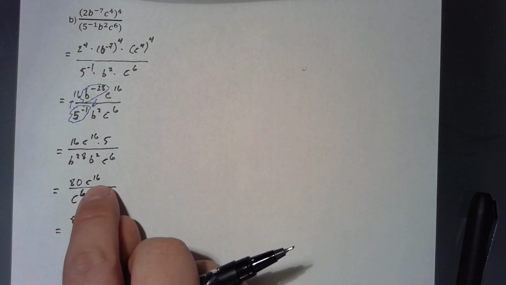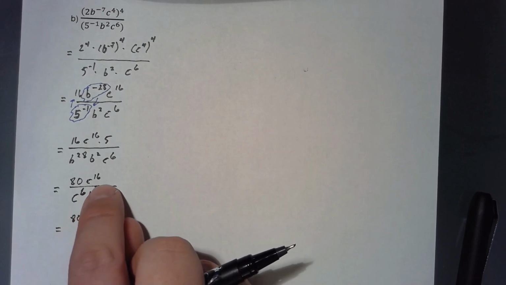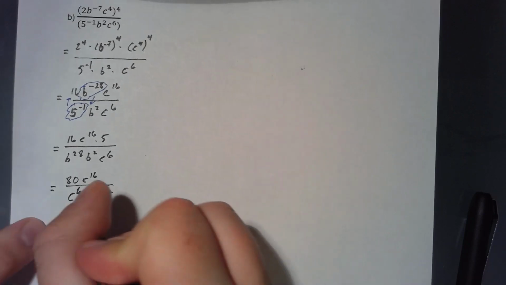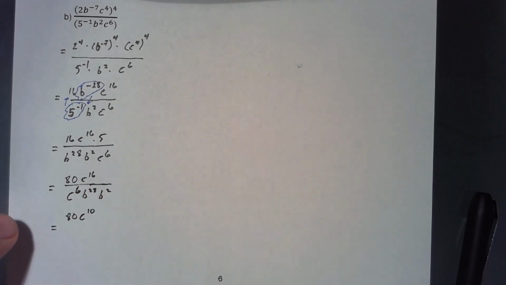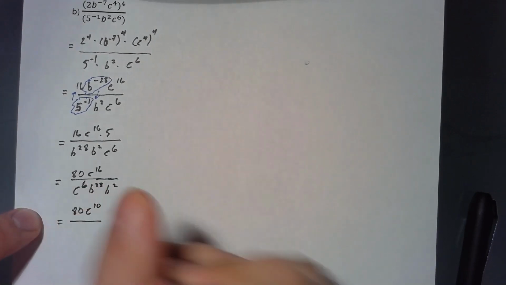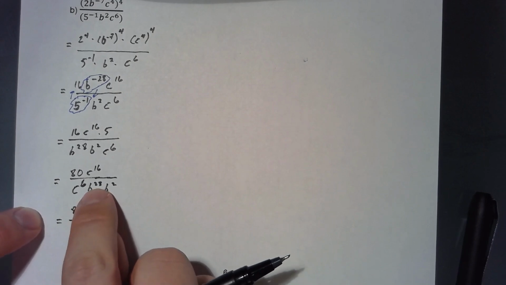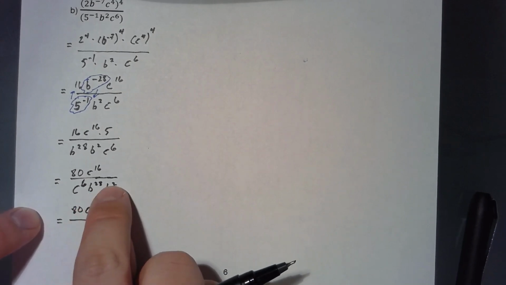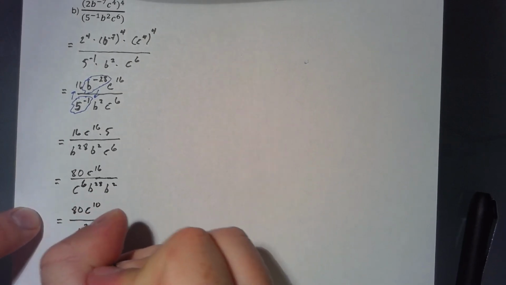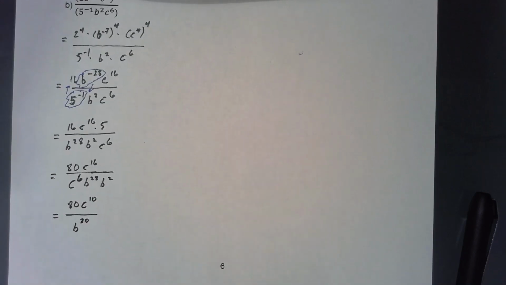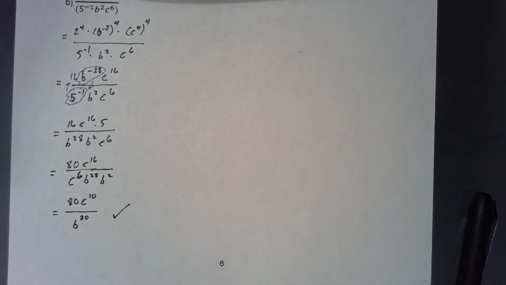So c to the 16th divided by c to the 6th is going to be c to the 10th. And that's all over b to the 28th power times b squared, which is b to the 30th power. And that's it. I can't go any further with that.